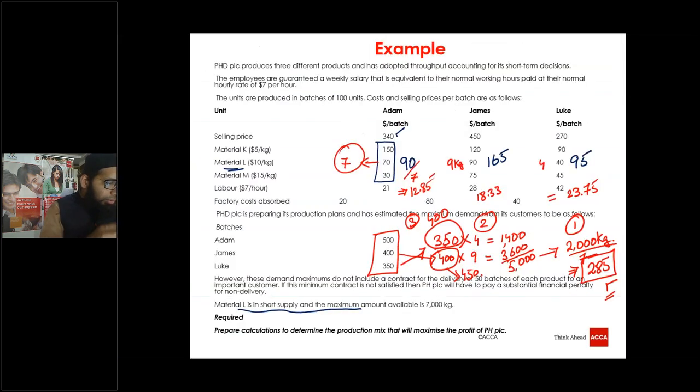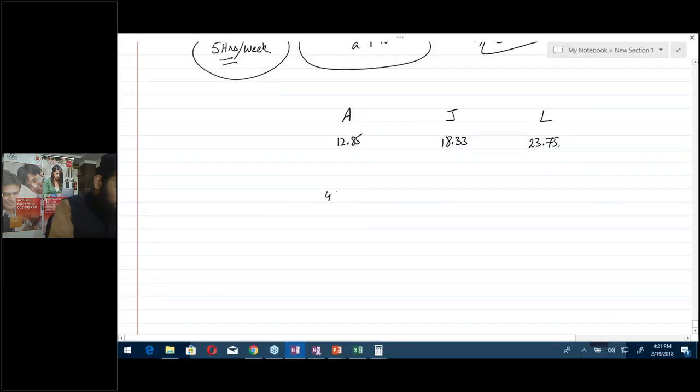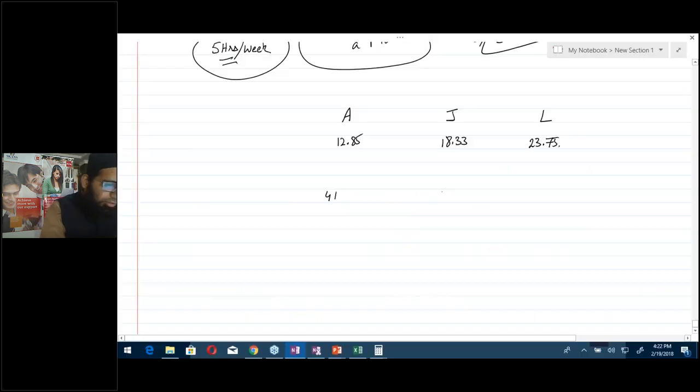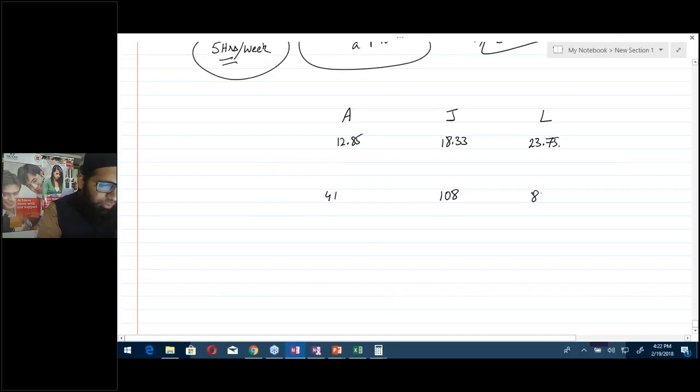Now, my total labor and fixed cost are 41 for A per unit, that is 21 plus 20, then 108 for J, and for L it is 82.